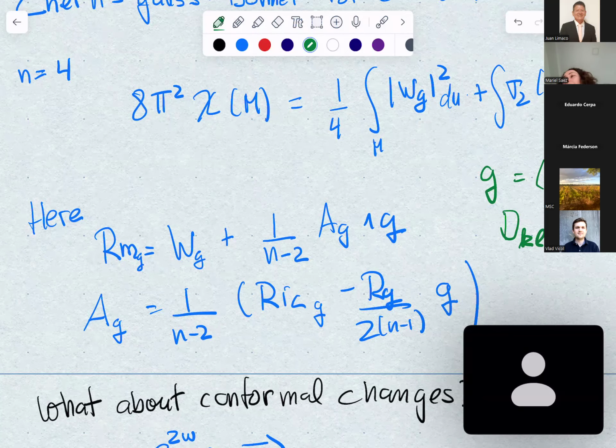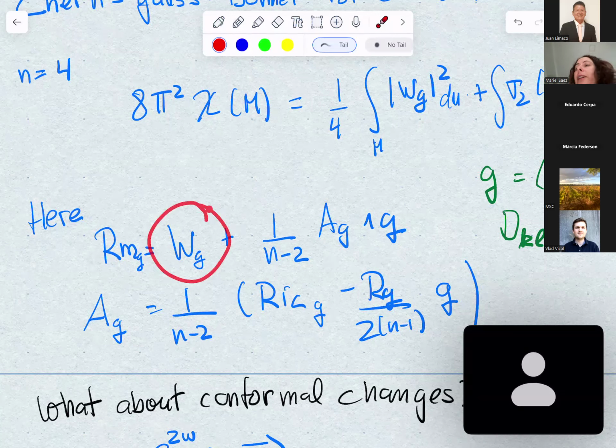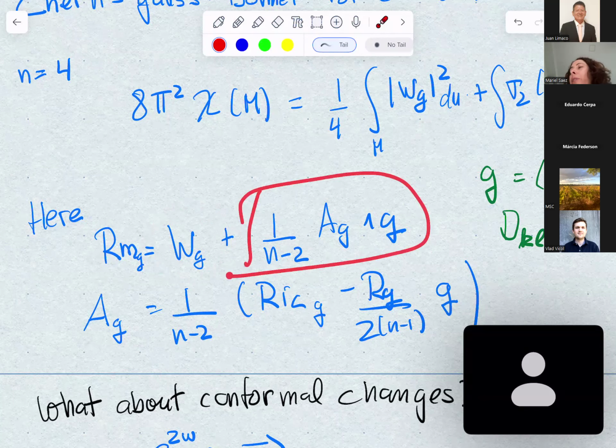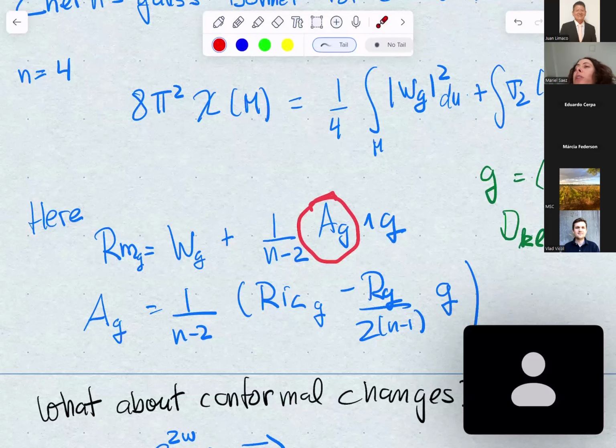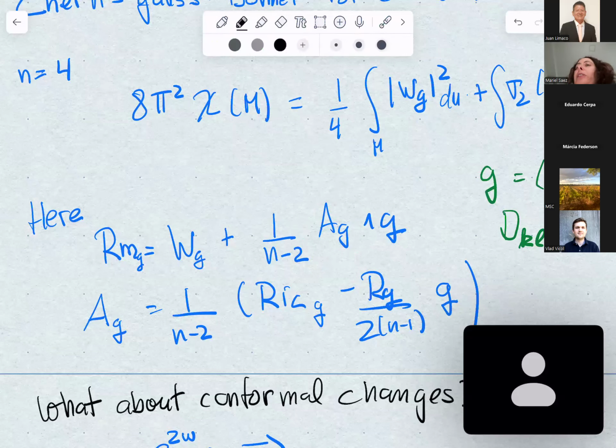That object that has all the information about second derivatives of the metric, you can decompose into this part that is the Weyl tensor, which, as I said, we know exactly how it behaves when we do conformal changes of the metric. And this part is just a metric, so we also know how that changes when we scale it. And this part here is what is usually known as the Schouten tensor.